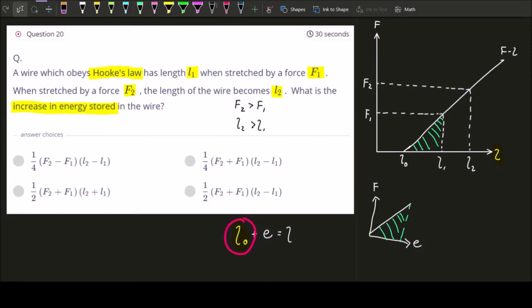So this is the energy stored when the wire is stretched by a force of F1, causing the final length to be L1. Now, if you further stretch it with a greater force F2, then you store more energy. That's logical. So the increase in energy stored will be this amount shaded in pink here.